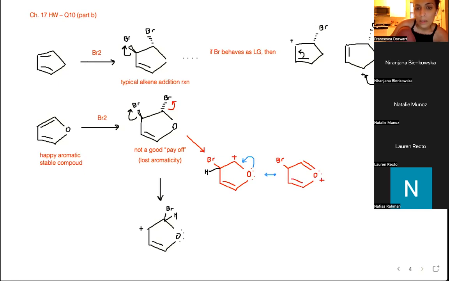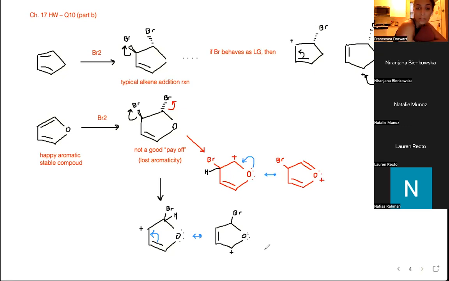And what about the resonance of the black one? We know I can do this. Pi bond here, positive. Oh, I guess we could also eventually do the same with the black one too.